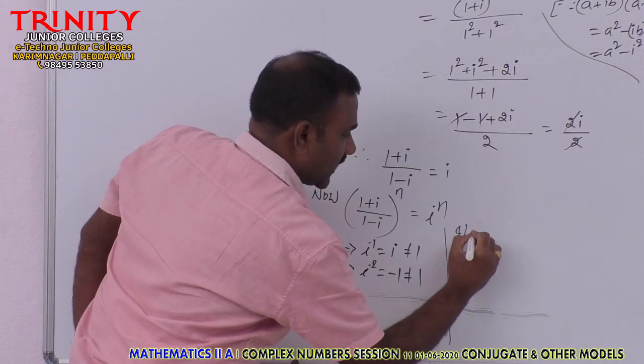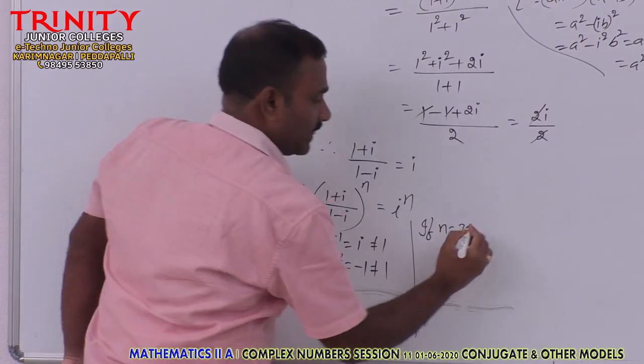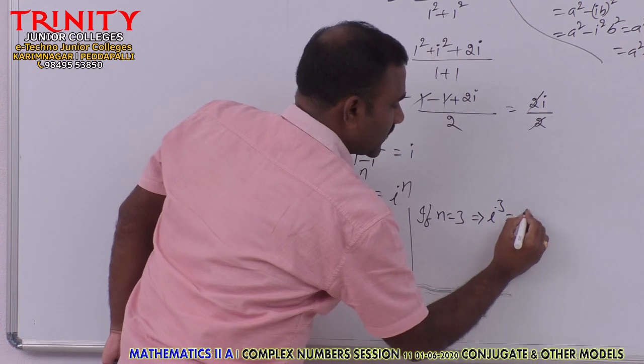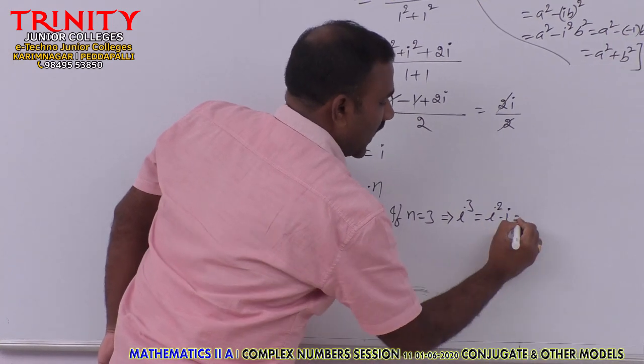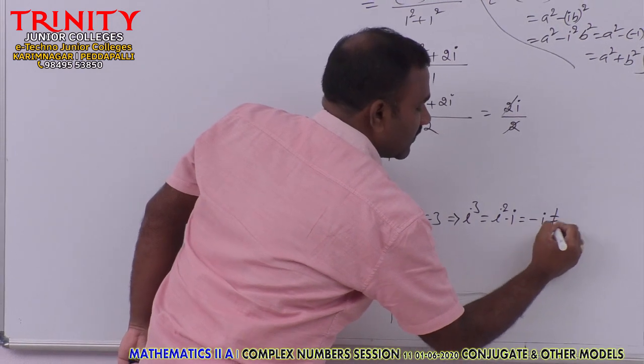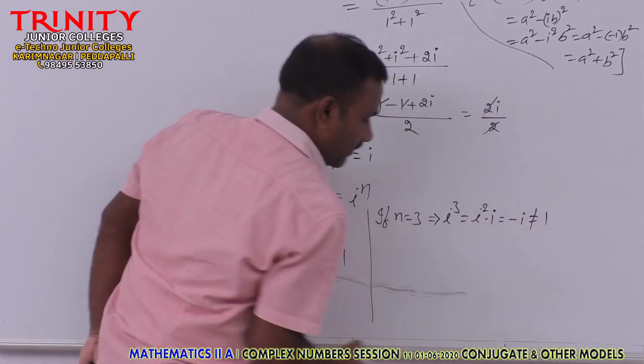If you take n = 3, i³ is i² into i, which is −i. This is also not equivalent to 1.